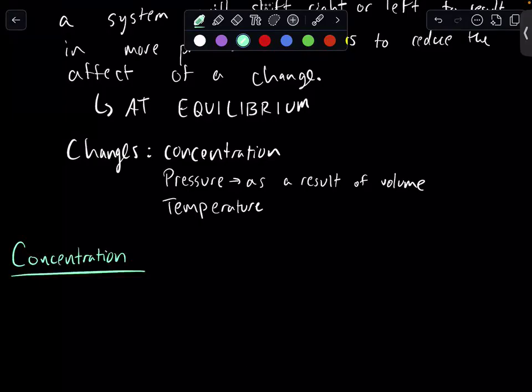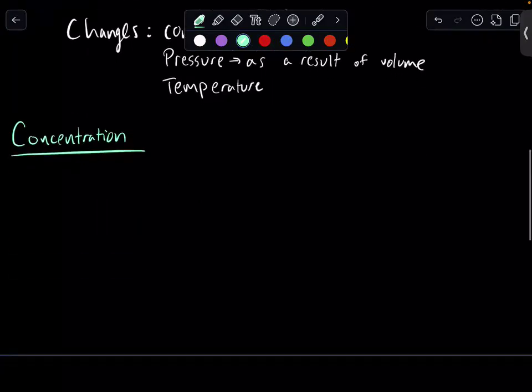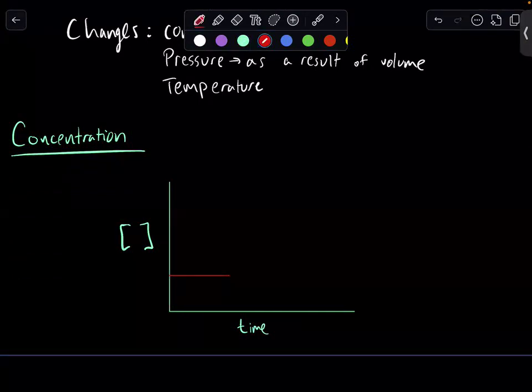Now, the most straightforward thing to do is just look at an example. And as our favorite example with equilibrium is the Haber process, we're just going to start off with that. So we'll look at concentration, in moles per decimeter cubed. At equilibrium, we know that the concentrations of our reactants and products are constant.